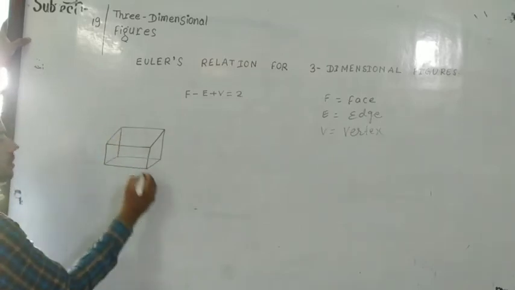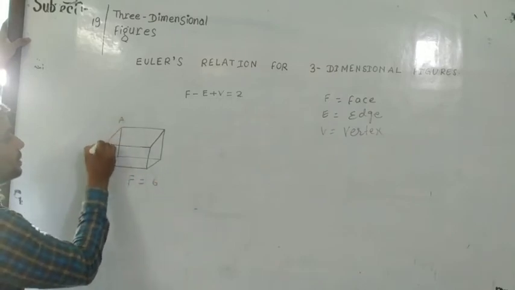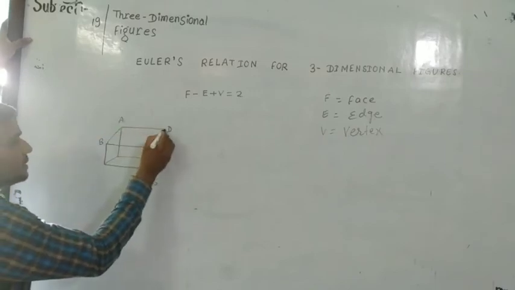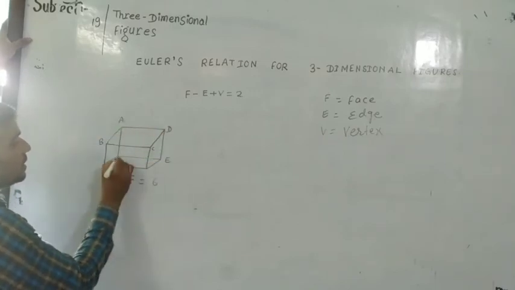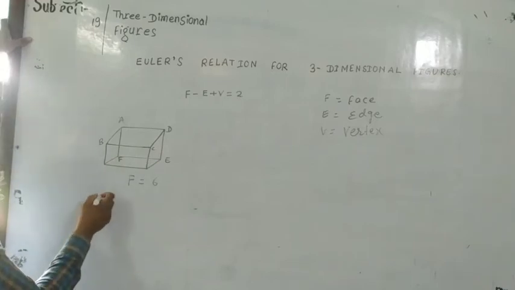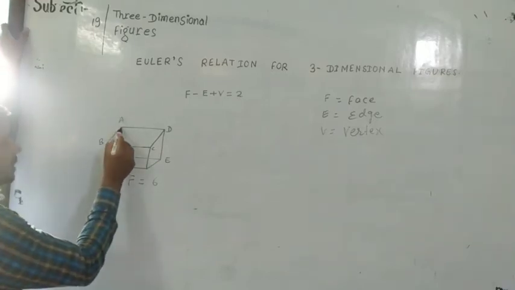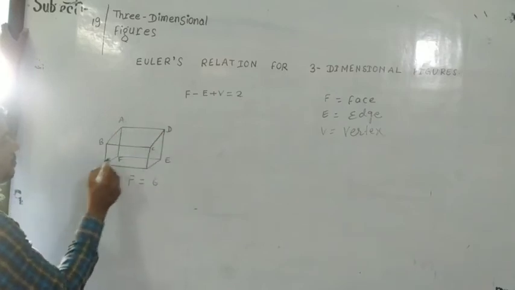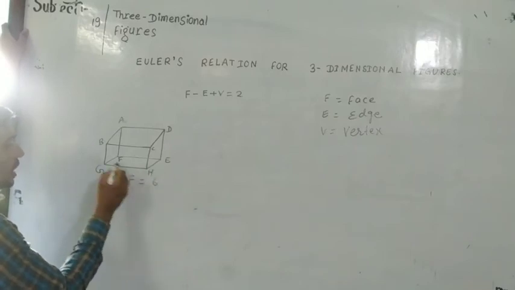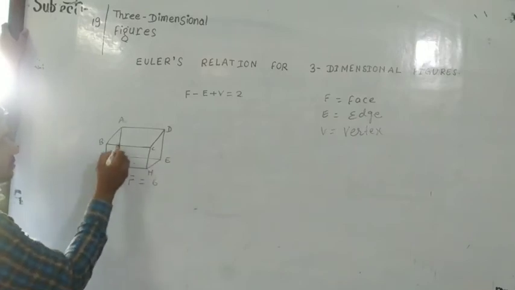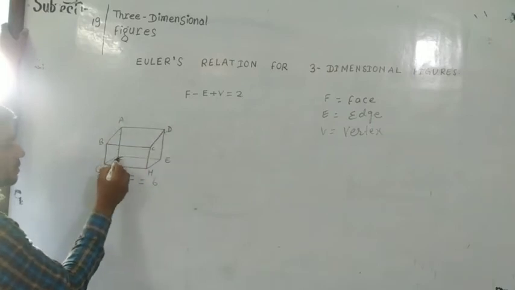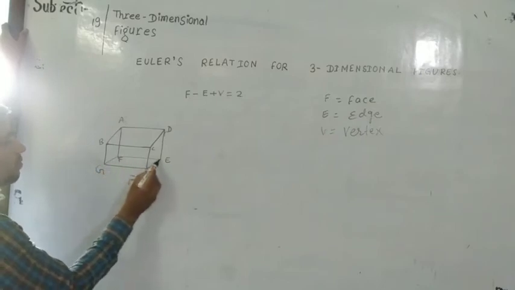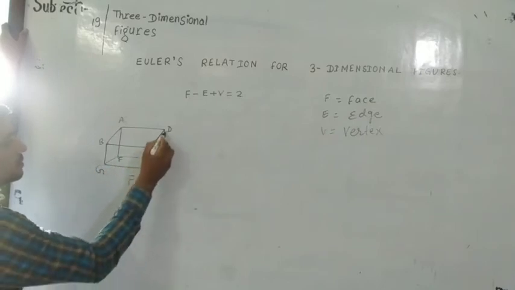A, B, C, D is one face, A, D, E, F another face, and so on. This is 1 face, 2 face, 3 face, 4 face, 5 face and 6 face.